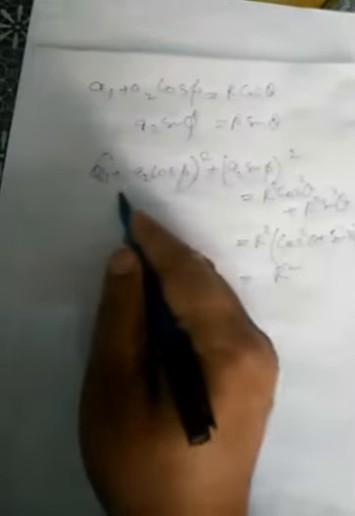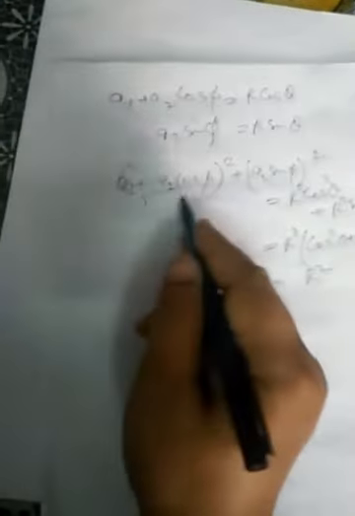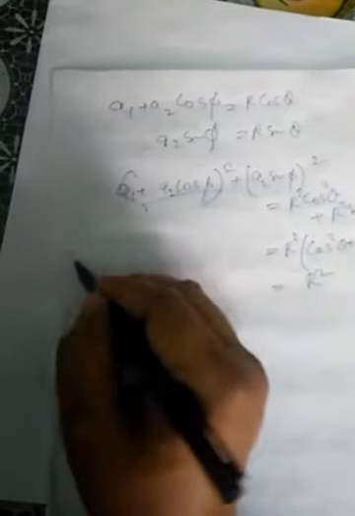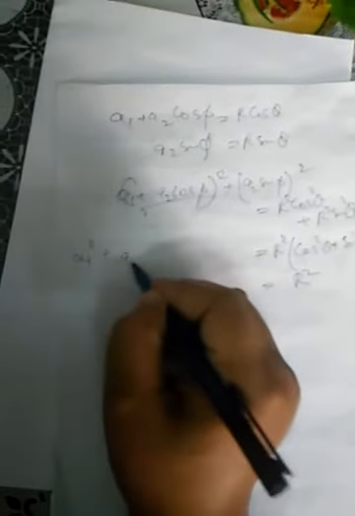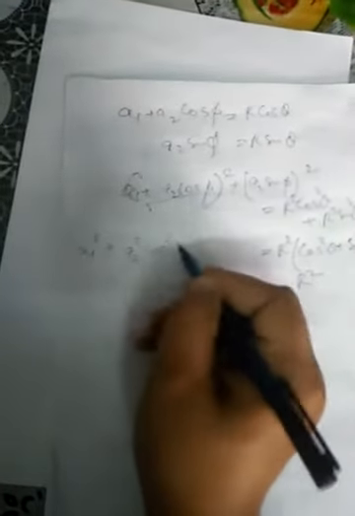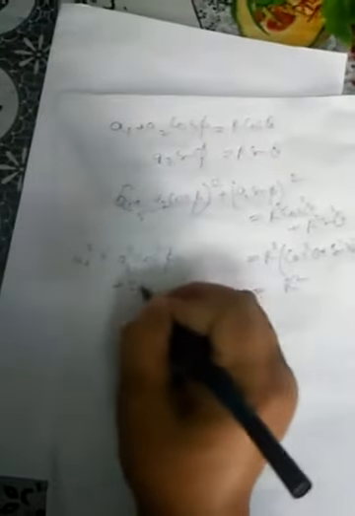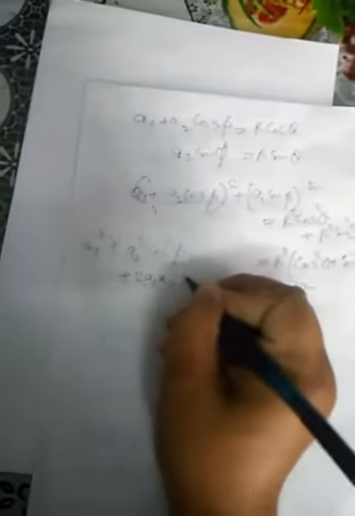Now we get to this one, (a1 + a2 cos φ) whole square. That will be equal to a1 square plus a2 square cos square φ plus twice a1 a2 cos φ. That is the first part. Now the second part consists of a2 sin φ, which you can write as a2 square sin square φ.